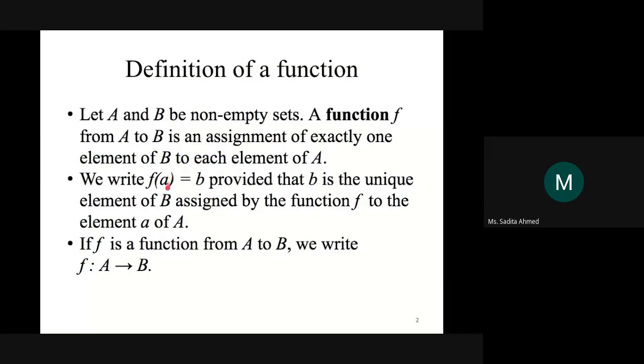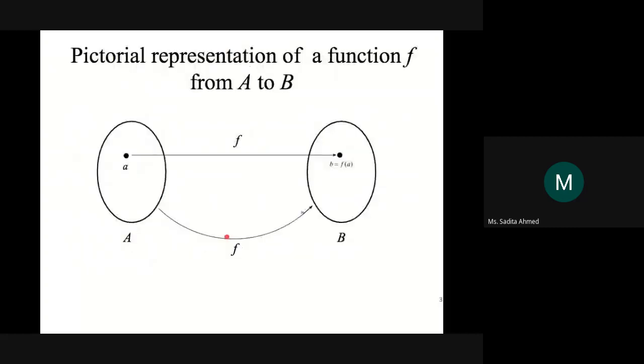The a will come from set A, and this b will come from set B, obviously. So this input comes from the set on the left-hand side. The result comes from the set on the right-hand side. So we write f(a) = b, given that for every a which comes from the set A, we have a unique b from set B. We'll see some examples and hopefully it'll be clearer then.